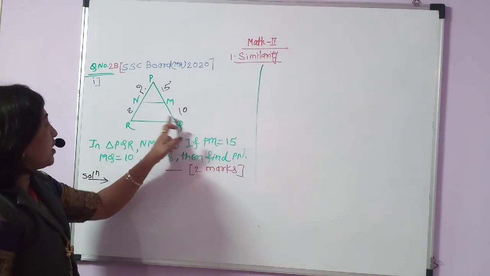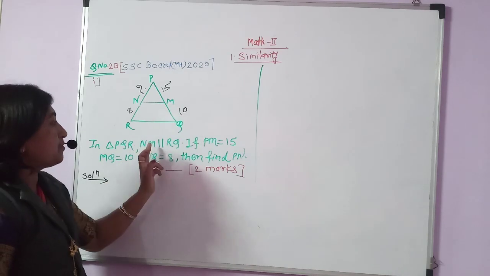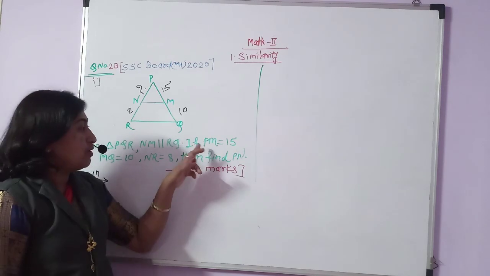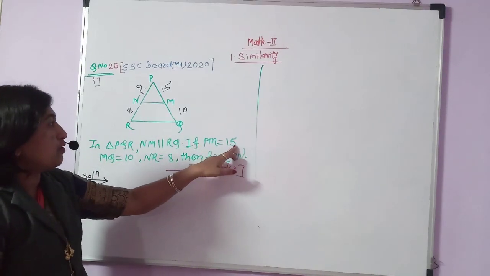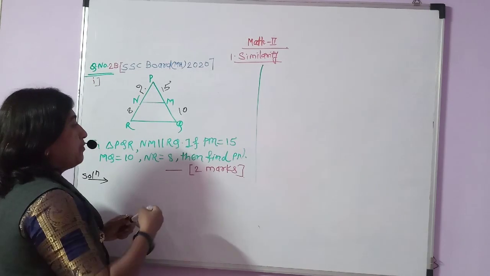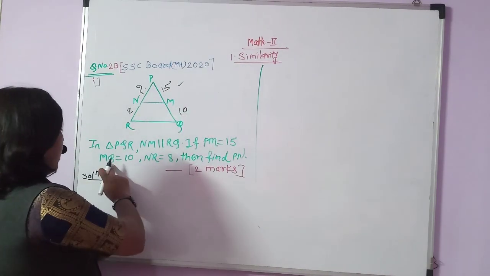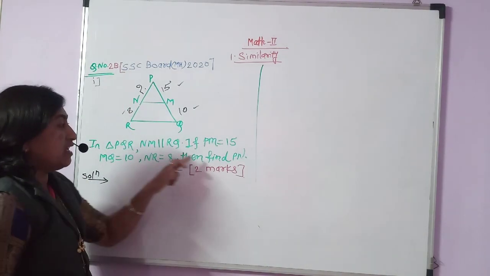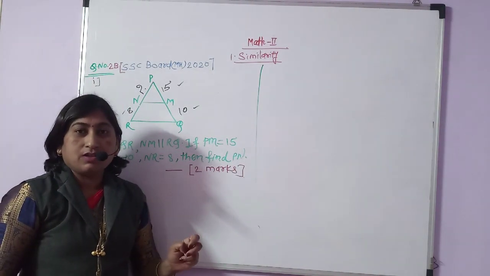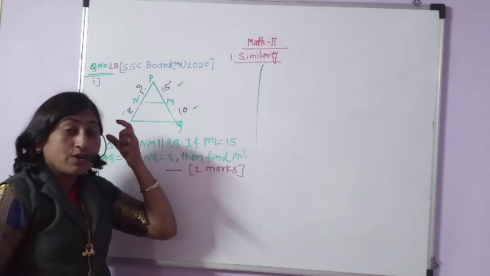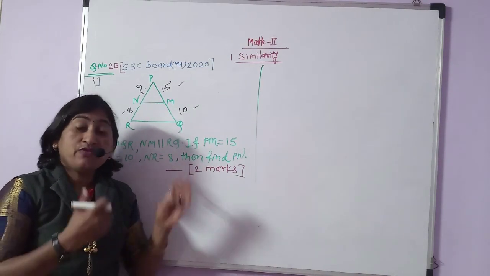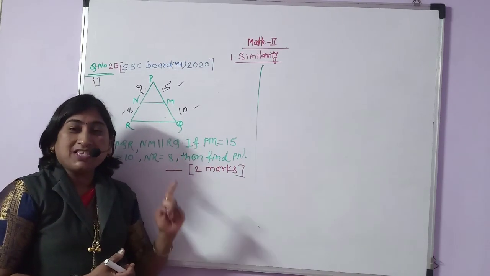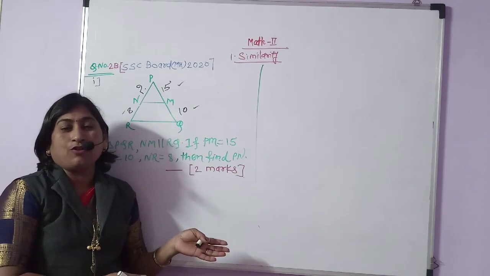In triangle PQR, NM is parallel to RQ, and we have been given values: PM equal to 15, MQ equal to 10 and NR equal to 8. Then we have to find PN. If we observe this diagram, we get the idea which theorem to use here: the Basic Proportionality Theorem, which we just studied.